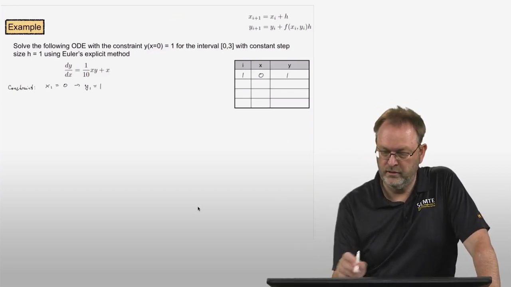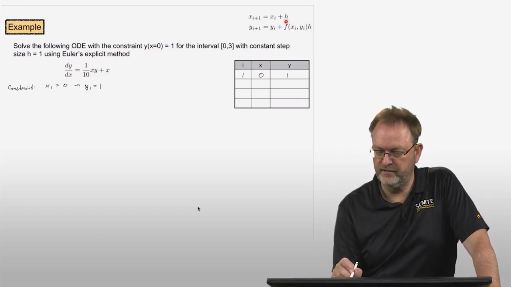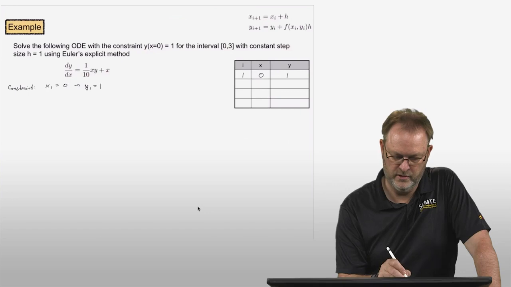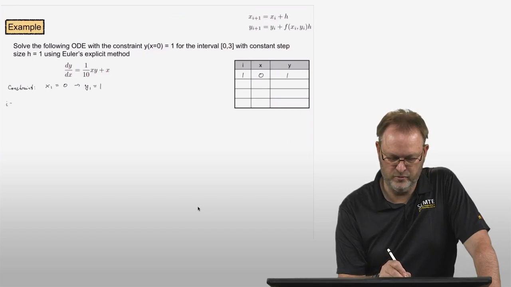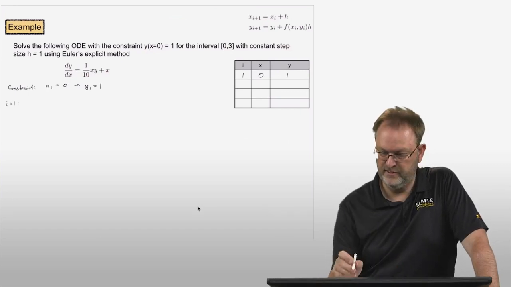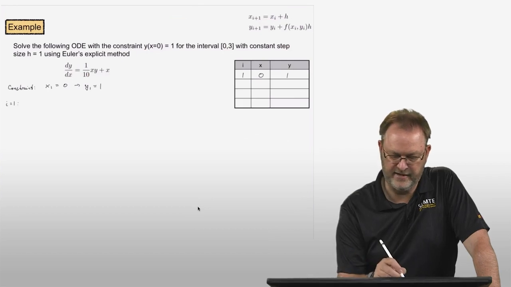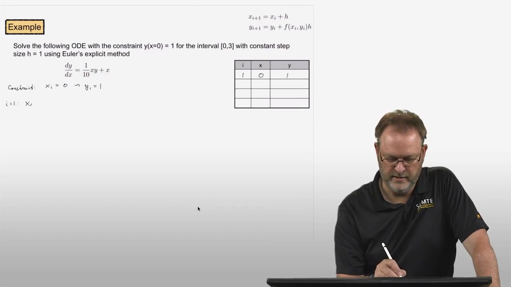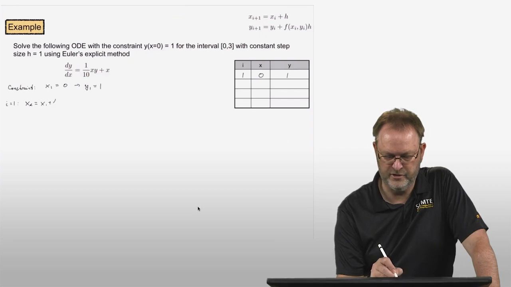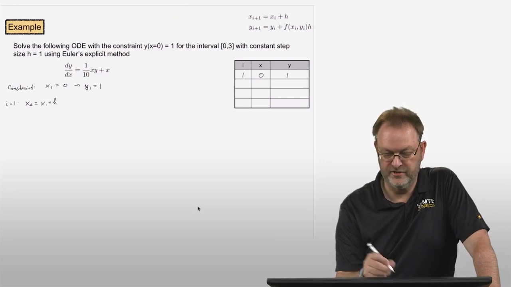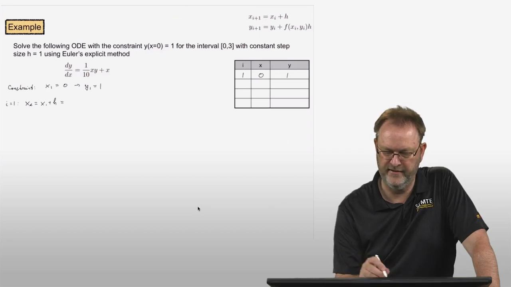Okay, so now I'm going to use these update formulas, and I'm going to use them for my known value at i equal to 1. So i is equal to 1. And these formulas now tell me that x2 is equal to x1 plus h. But the h is equal to 1. So let's just plug in the values that we have.